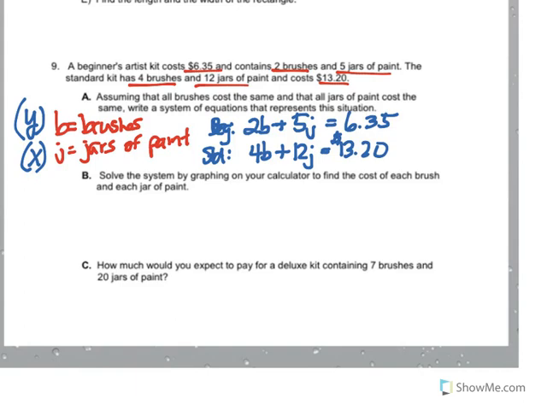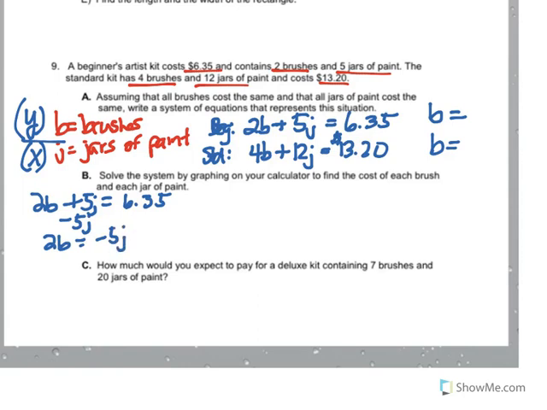Now it says put these things in our calculator to find the answers. Well, to do it in our calculator, we're going to have to solve them so that they say Y equals. So in this case, we're going to get them so they say B equals. Okay? We want to get B equals. So on the first one, we have 2B plus 5J equals 635. Let's subtract 5J. So you get 2B equals negative 5J plus 635.